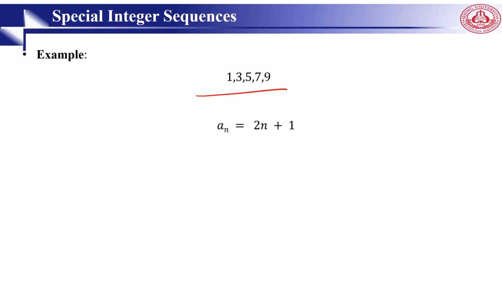Here is another example: 1, 3, 5, 7, 9. In here, we should see that each term is obtained by adding 2 to the previous one. So 1 plus 2 is 3. 3 plus 2 is again 5. 5 plus 2 is 7. So, same. Then we can think about the possible formula of 2n plus 1. This is called an arithmetic progression. And in here, a is equal to 1 and d is equal to 2, right?